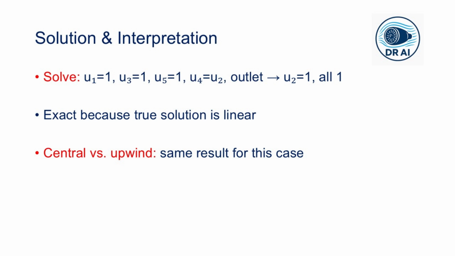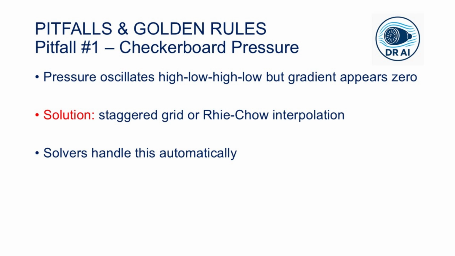But if the equation included the diffusion second derivative, upwind would introduce numerical diffusion, smearing the solution. That is why central differencing, which is second order, is preferred for diffusion dominated flows, and upwind first order is used for convection dominated flows to avoid oscillation. This trade-off is often called the Godunov theorem.